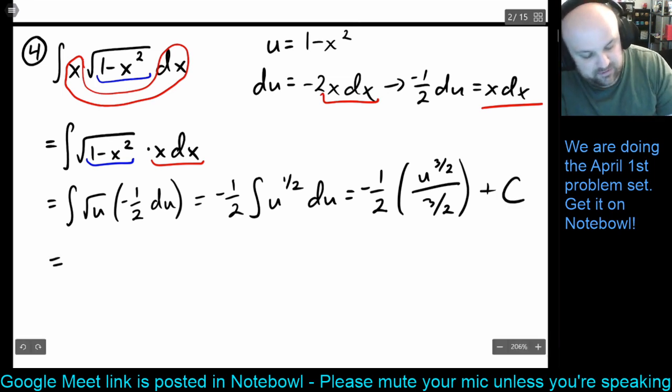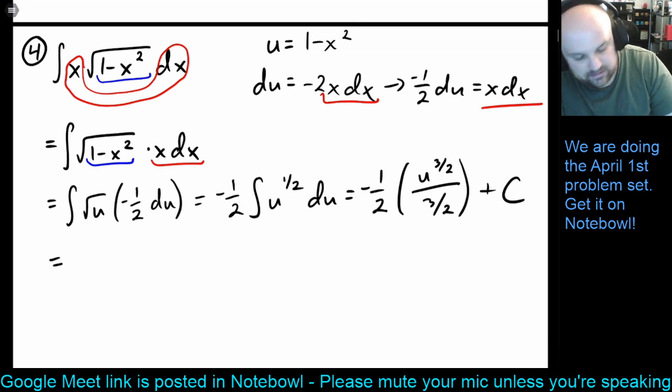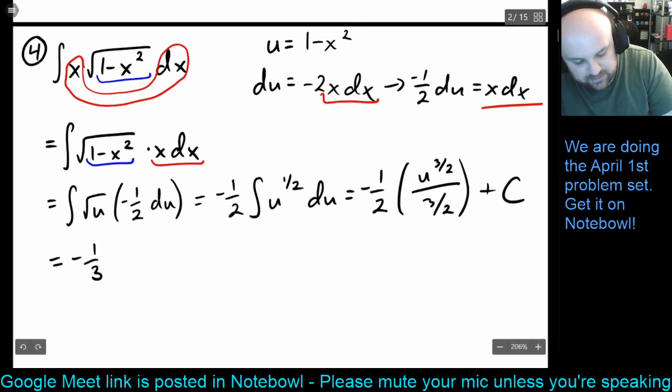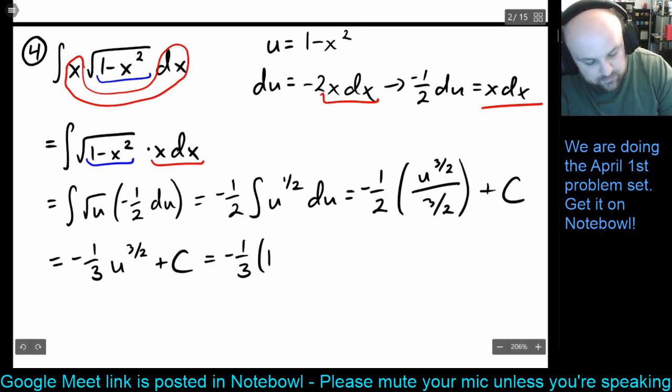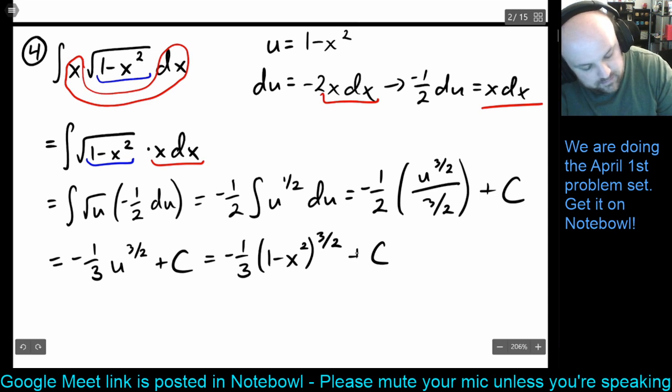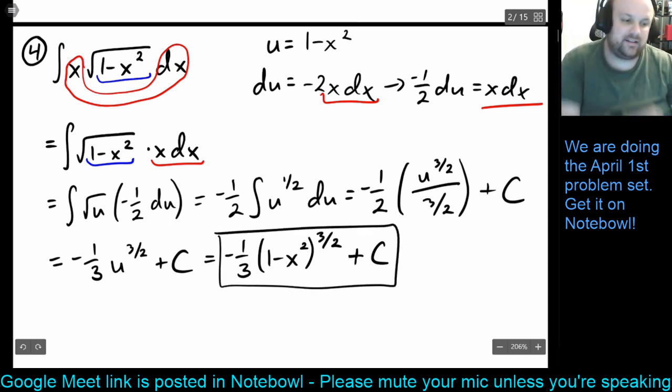All right, now let's simplify what we can here. This 1/2 out here and this 3/2 down below turn into minus 1/3 u to the 3/2 plus c. And now swap everything back over to x. Minus 1/3, 1 minus x squared to the 3/2 power, plus c.